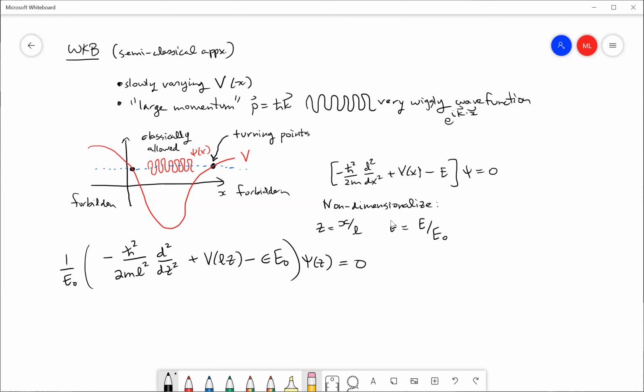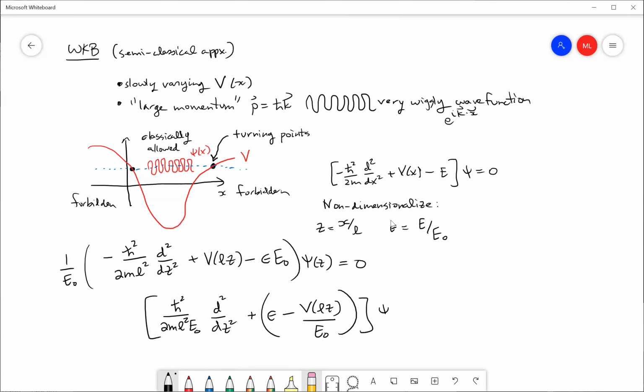And what we get is, multiplying through by a minus sign, h bar squared over 2m L squared E naught, two derivatives with respect to z, and then plus epsilon minus V of L z over E naught. All of this is multiplied by psi of z, and that's equal to 0.